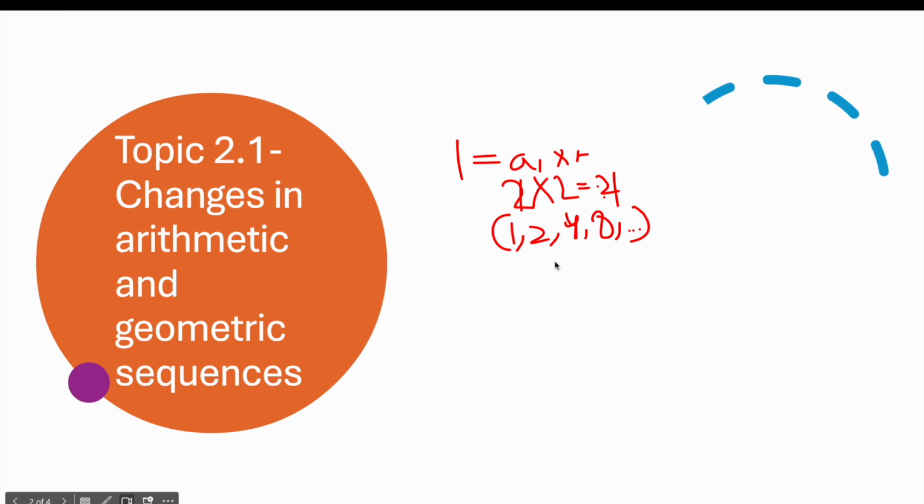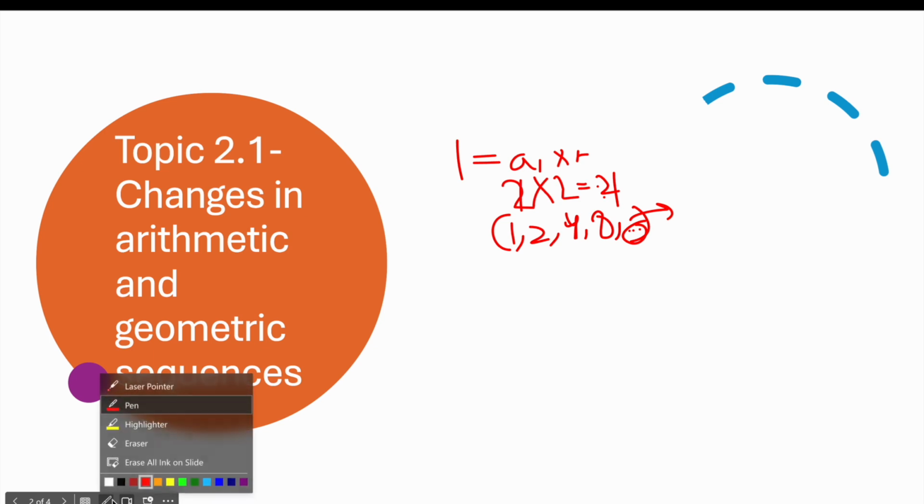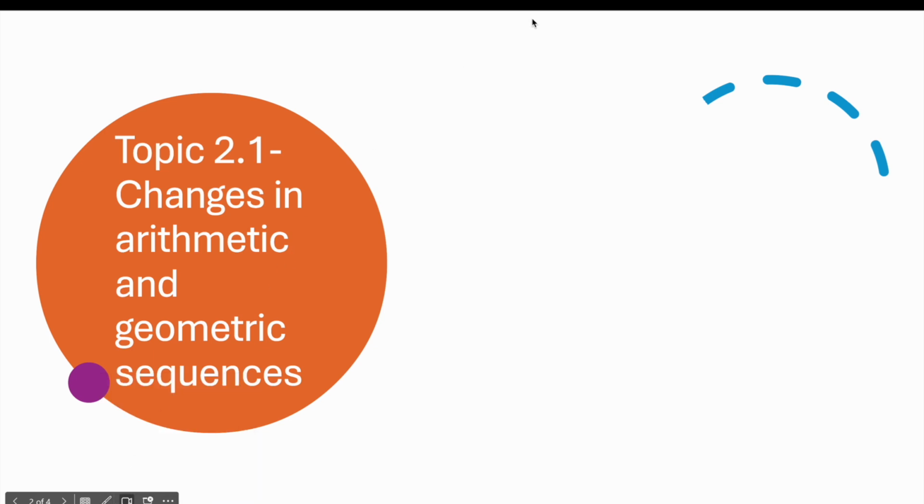But how do we find these dotted lines, right? These dotted lines represent the next numbers of the sequence. So how would we find them? We have two ways to find them, and they're called explicit and recursive. I'll just shorten it because I can't write the whole thing correctly.